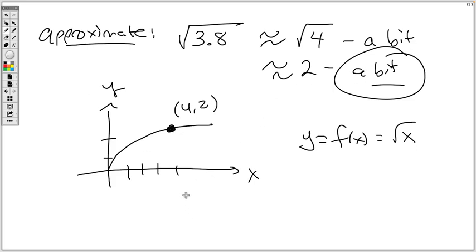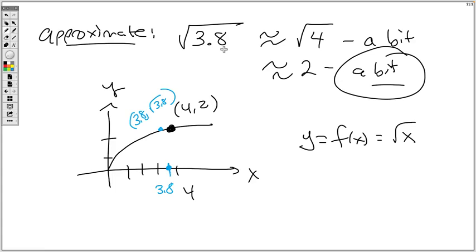And if I look at the number 3.8, it's right around there, close to 4. And the y value on the graph here would be the square root of 3.8, which is exactly the thing I was asking you to guesstimate. You with me or not?